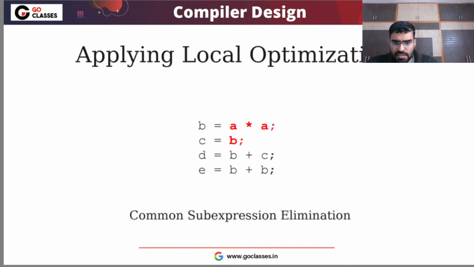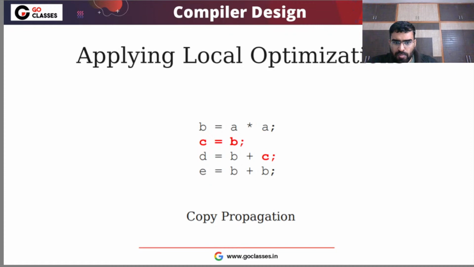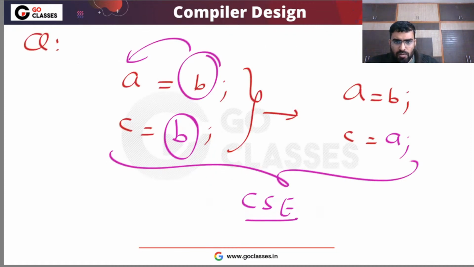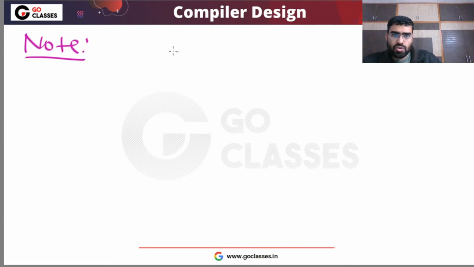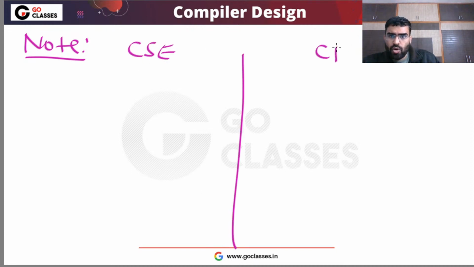I told you the difference between copy propagation and common subexpression elimination. Is this difference clear to everyone? What is the difference between copy propagation and common subexpression elimination? Note this difference. In common subexpression elimination, you have this type of situation.